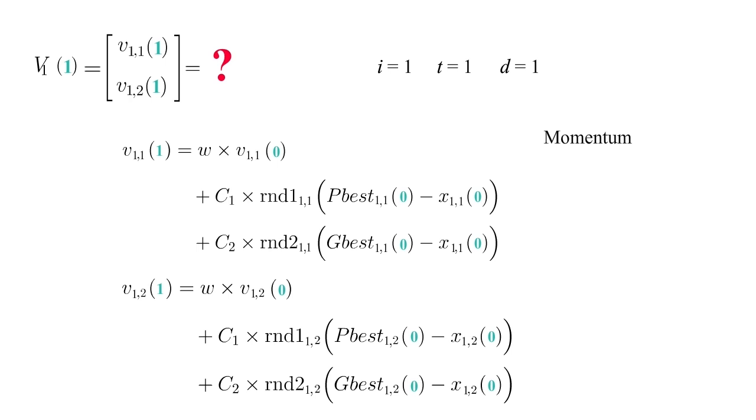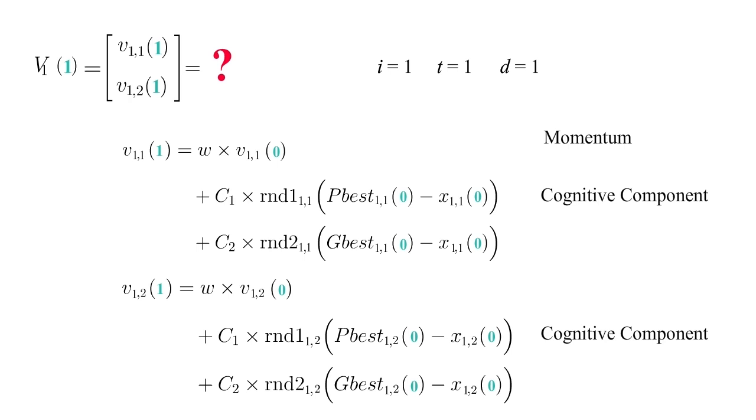The second term, known as the cognitive component, specifically represents the influence of a particle's personal best position on its velocity. This component encourages the particle to move towards areas where it has previously found better solutions. The term pbest minus x calculates the distance vector from the particle's current position to its personal best position, indicating the direction for improvement. C1 is the cognitive coefficient that influences the attraction of the particle to its personal best position, or pbest.